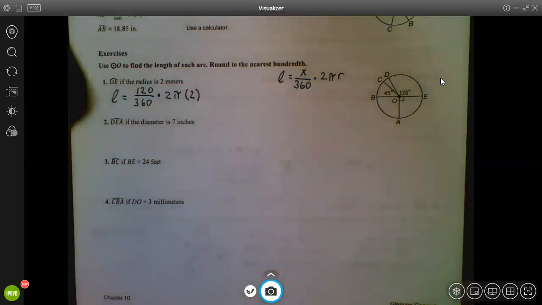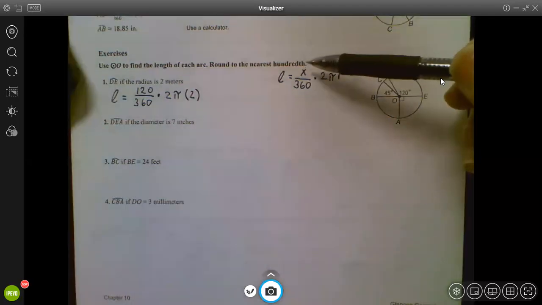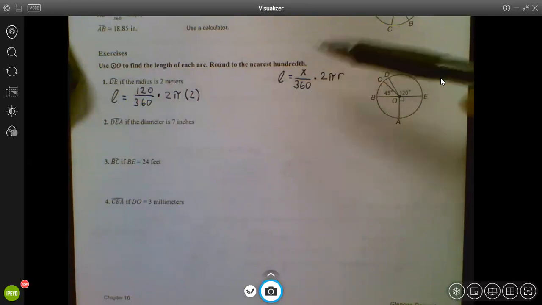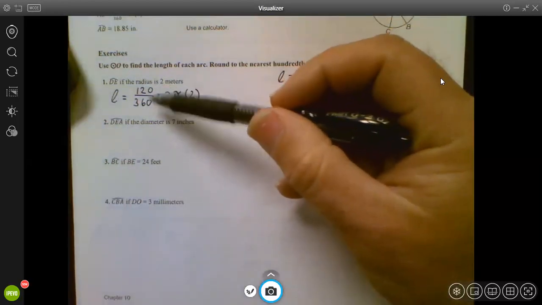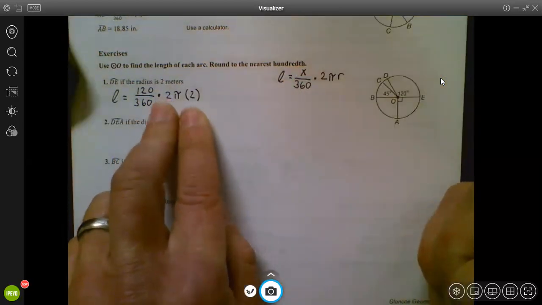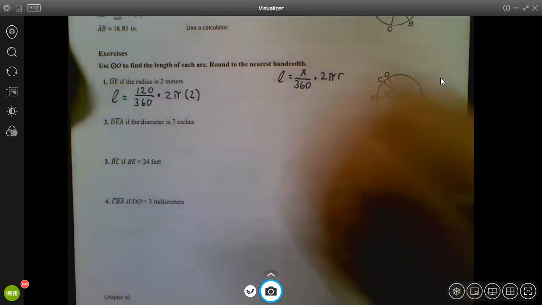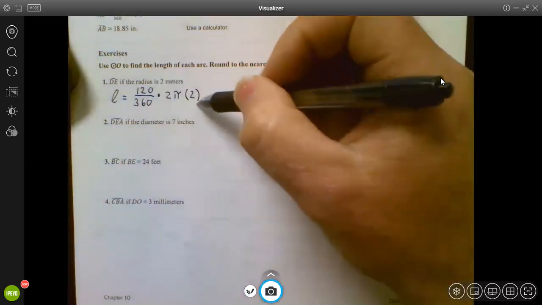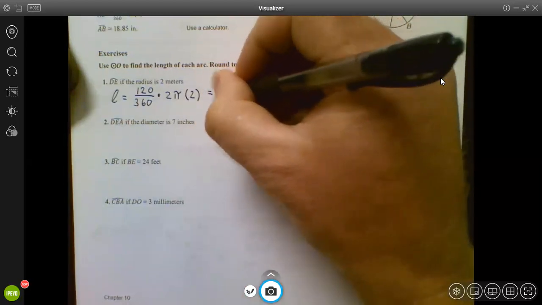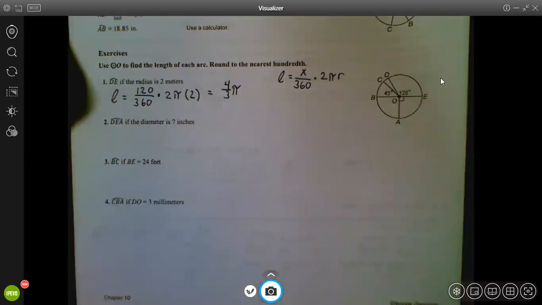Guys, there are 2 different ways they can ask you for an answer on this. They can ask you for an exact answer, and they can ask you for a rounded answer. If they wanted the exact answer, what would that look like? Well, remember, this is 1/3 and this is 4 pi. If I did 1/3 times 4 pi, that would equal 4/3 pi. And you certainly could do that in a calculator.